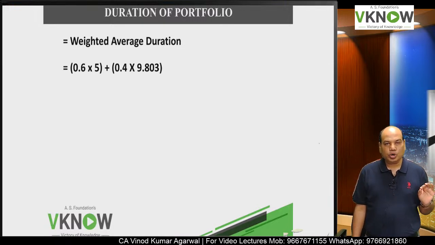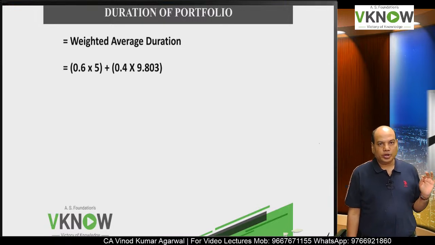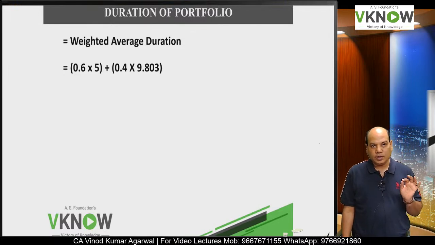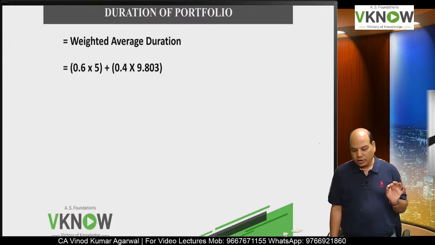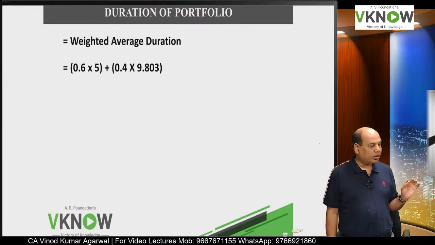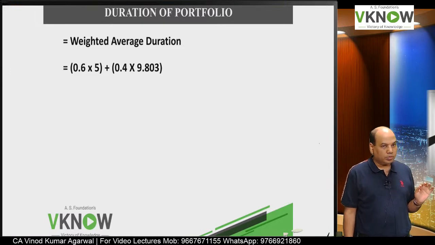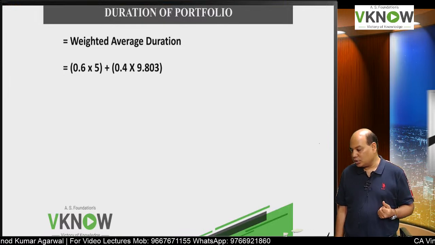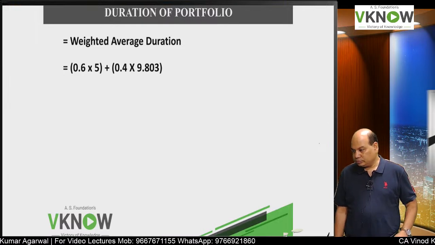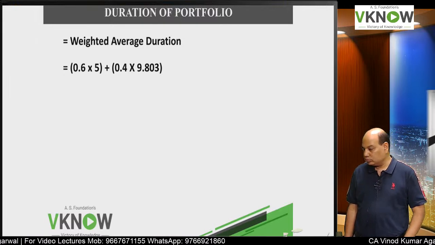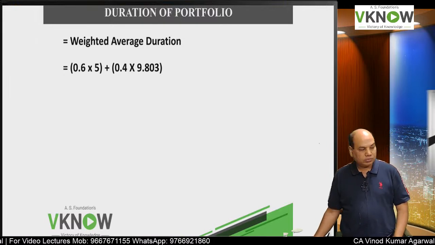So for bond A, the weight is 0.6, duration is 5, 0.6 into 5, plus for bond B, the weight is 0.4 and the duration we have computed is 9.803, into 9.803. So students, please reply now. What is the answer?